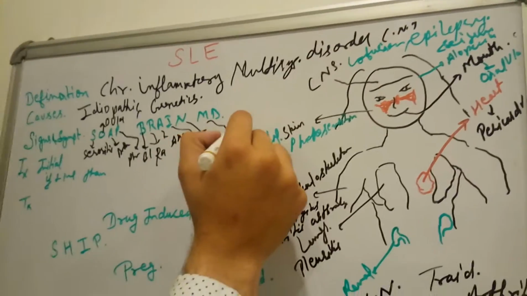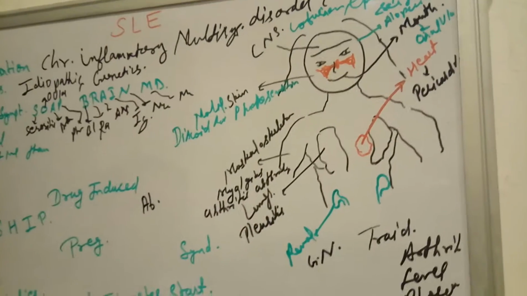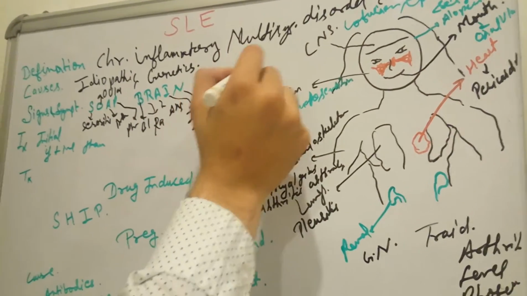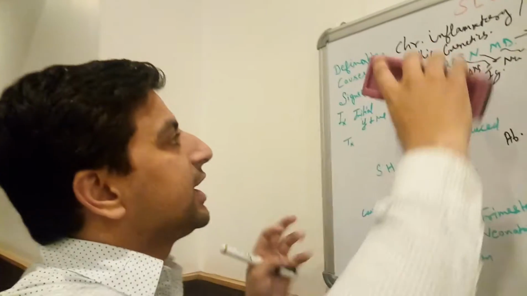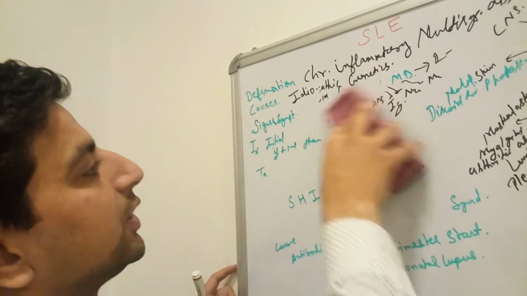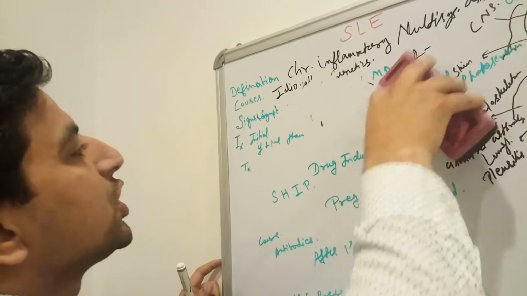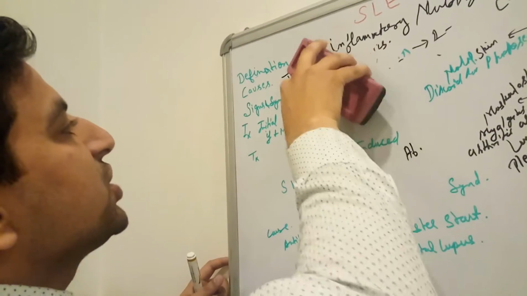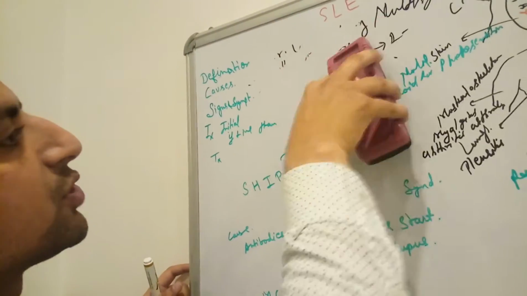M for malar rash, the butterfly rash. And D for discoid rash, my dear friends. So, okay, I'm going to wrap this one. I hope you understand till here. No problem.